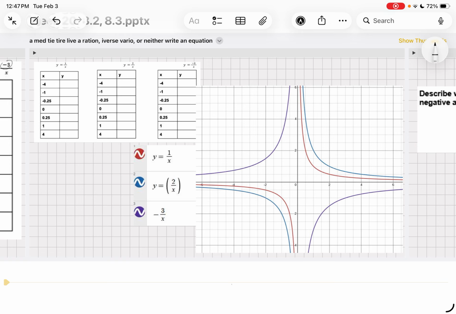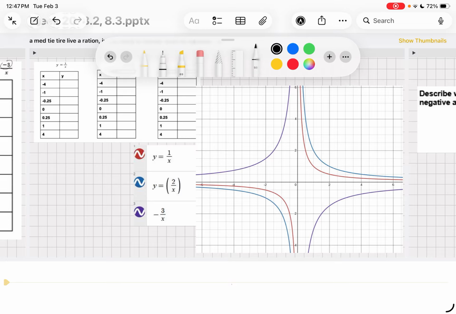Now we're going to look at the graphs when we change the a value. Looking at my parent function and the blue function, I can see that when the a value got bigger, went from 1 to 2, my graph got further away from the x and the y axis.